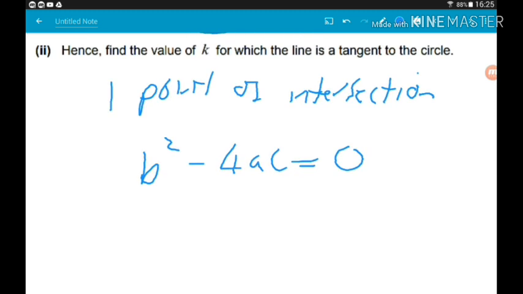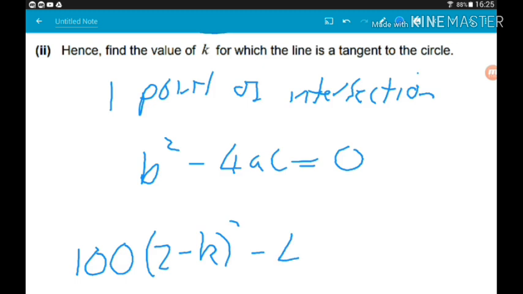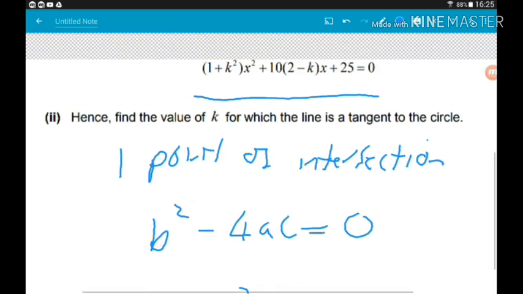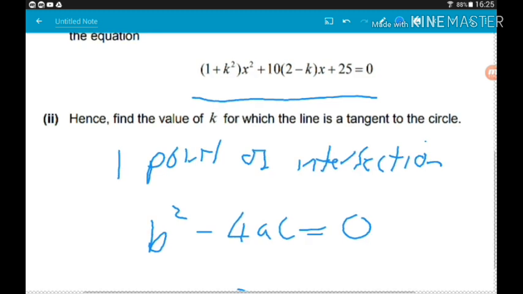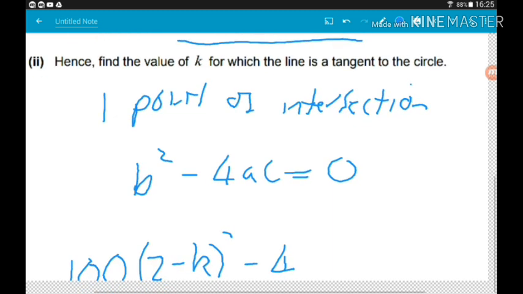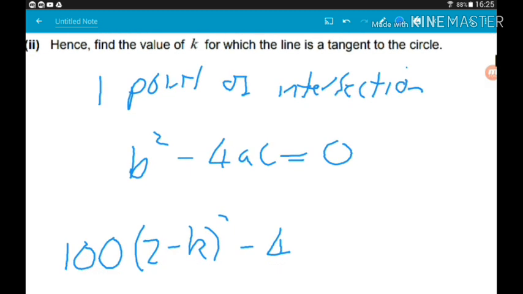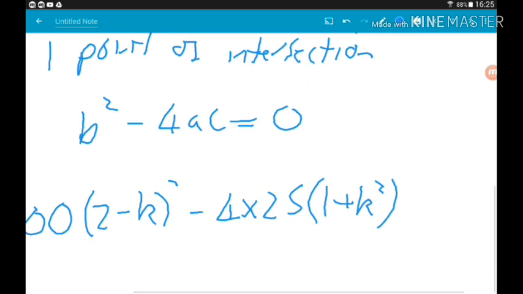So we want that squared, which is 100 lots of (2 minus k) squared, minus 4 times (1 plus k squared) times 25. So 4 times 25 lots of (1 plus k squared). We want that to equal 0.